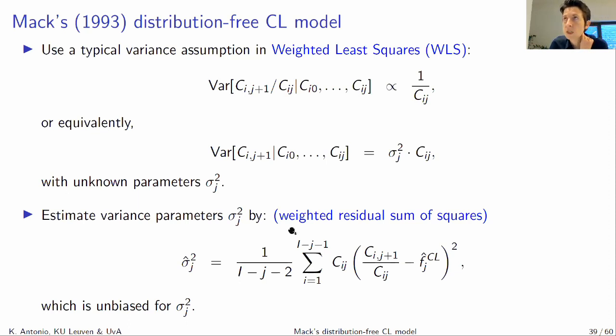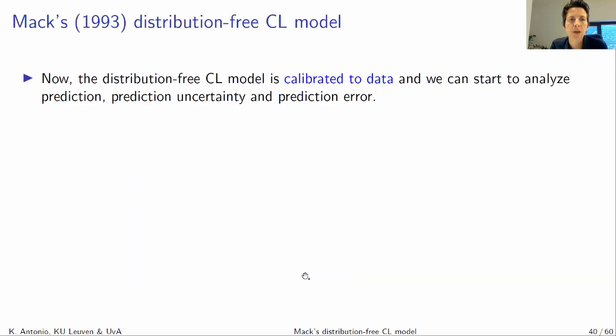If you compare this to what you find in the literature as the weighted residual sum of squares, it leads you exactly to this estimator for the variance parameter. So that's a bit of the underlying motivation of what the Mack method proposes.